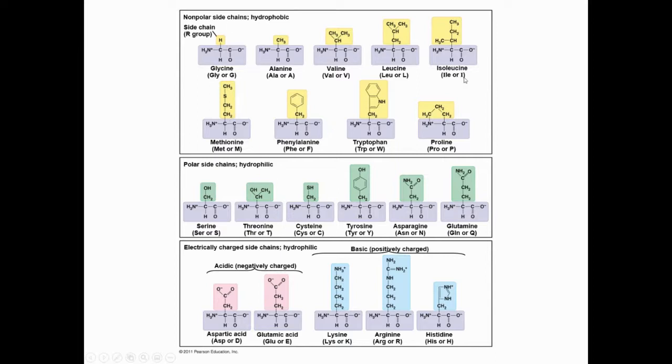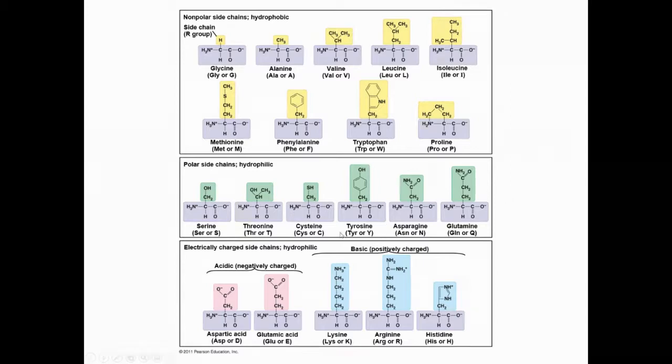So this is basically the nonpolar side chain, hydrophobic amino acids. And then the neutral, uncharged but polar amino acids. So these six amino acids have polar side chains, and the side chains are basically uncharged at neutral pH.